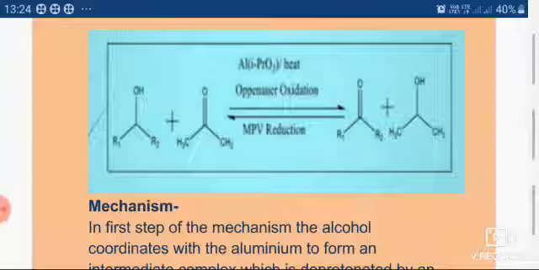This is an example of the MPV reaction. In this manner, you can take other examples also, and you can go through the books for further examples.